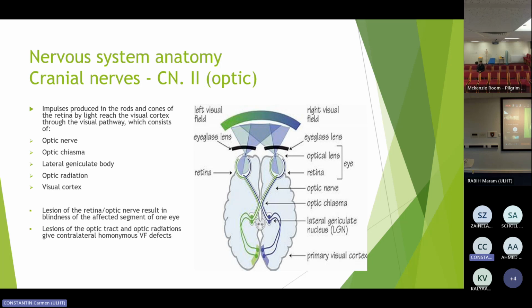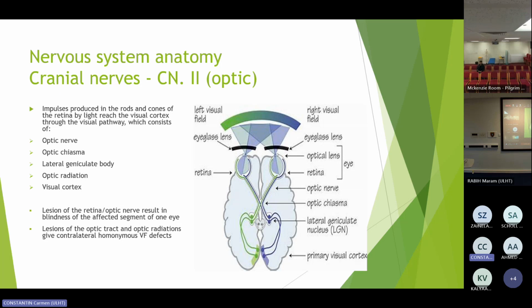Second cranial nerve, so the optic nerve. As you know, all the impulses from the rods and cones of the retina go into the visual pathway, which is the optic nerve, the chiasma, the lateral geniculate nucleus, and the primary visual cortex.